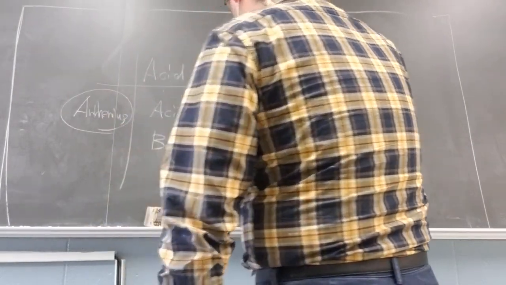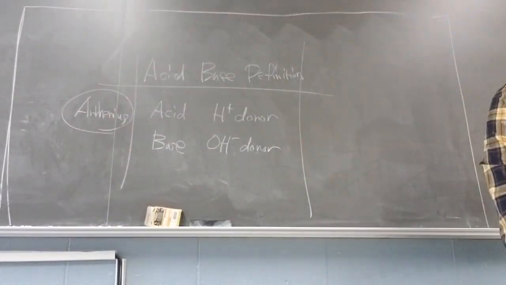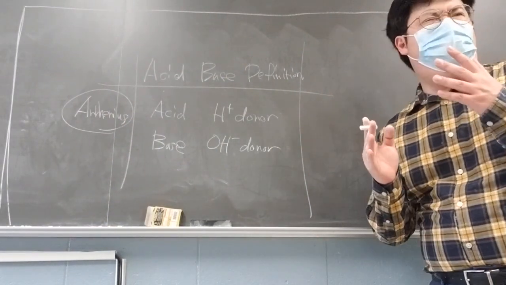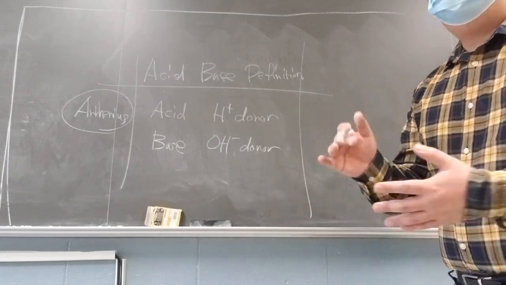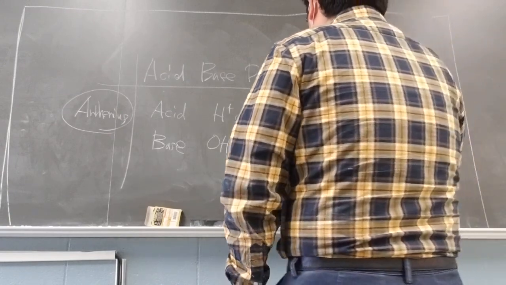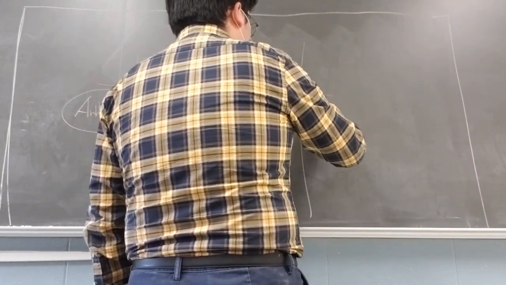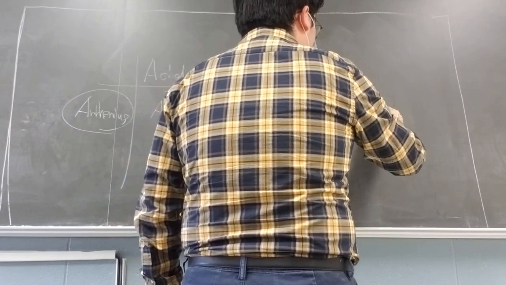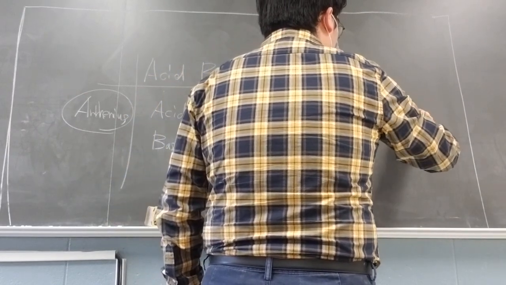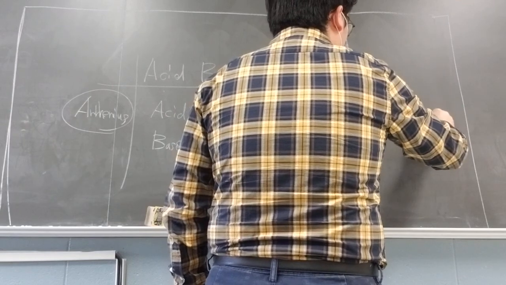Okay, over here, this is actually okay for most chemical reactions, but for certain exceptional cases, we may sometimes have to use the other definition, what we call the Bronsted-Lowry definition. Okay, it's almost the same, but slightly different.